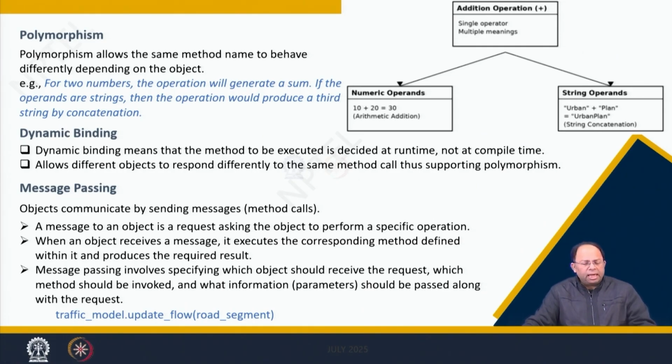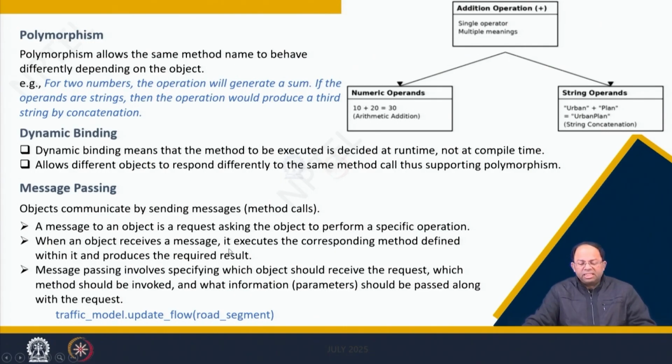Finally, we come down to the final property, which is message passing. Again, we have discussed this earlier. Objects communicate between themselves by sending messages or method calls. That means we call a particular function of another object and we pass arguments. A message to an object is a request asking the object to perform a specific operation.